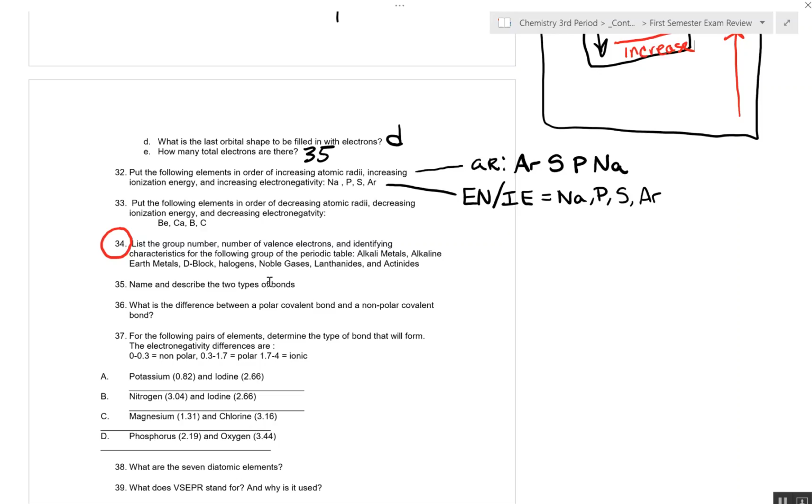Iron 2 sulfate. So, iron 2. What's sulfate and the charge? SO4 minus 2. So, how do we write iron 2 sulfate? FeSO4. Potassium permanganate is KMnO4.